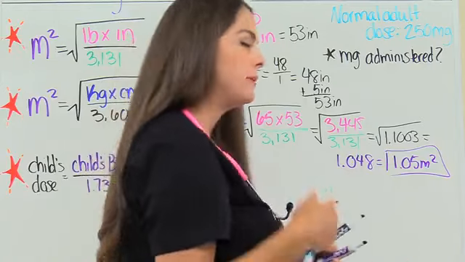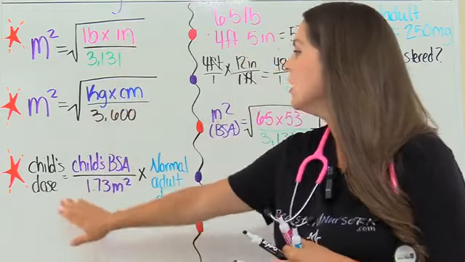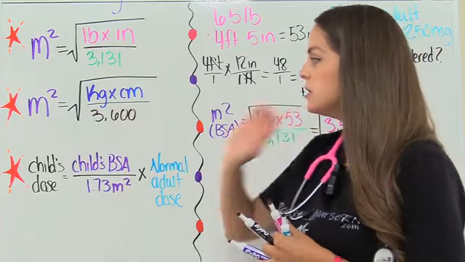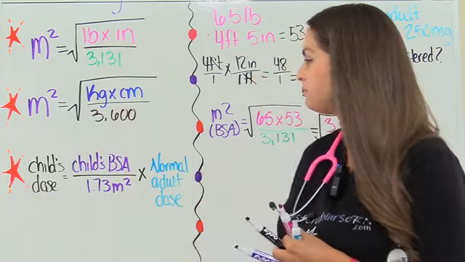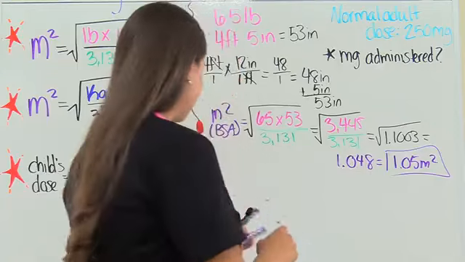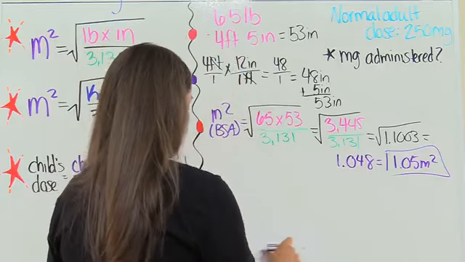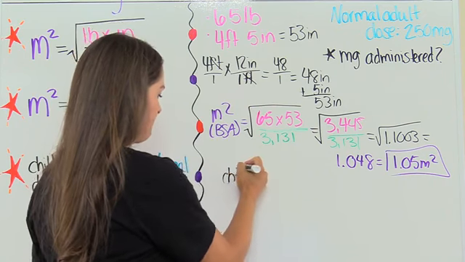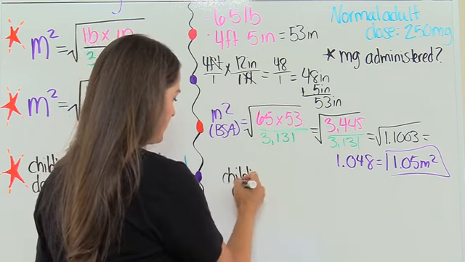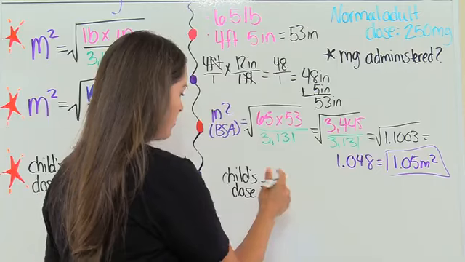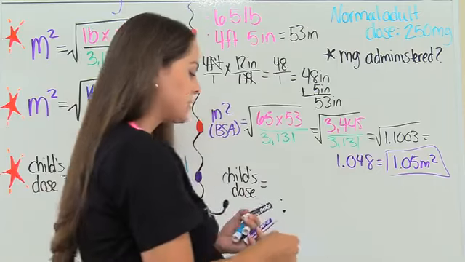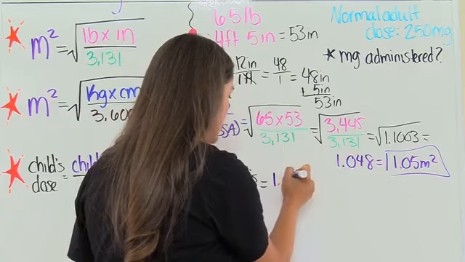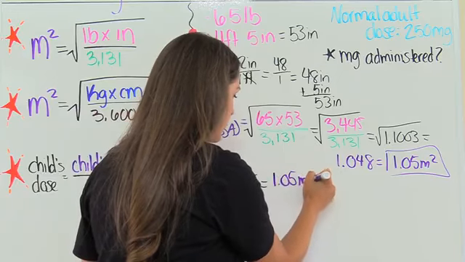So we have that. Now we need to go to the other step of this problem, which is using this formula right here. So we're trying to figure out the child's dose. So let's set it up. So the child's dose equals the child's body surface area, which we calculated to be 1.05 square meters.